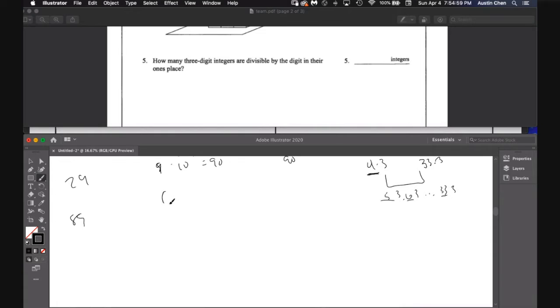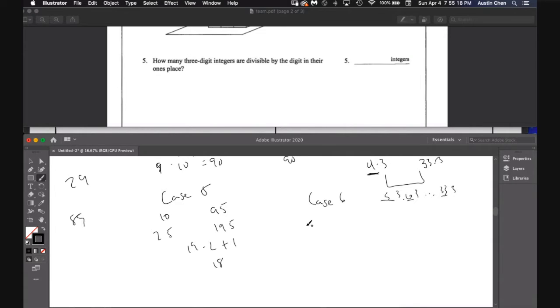Okay, and then 5. So 10 is going to be 2 times 5, and then 95 is going to be 19 times 5. So then we're going to have 19 minus 2 plus 1, so then that's 18.